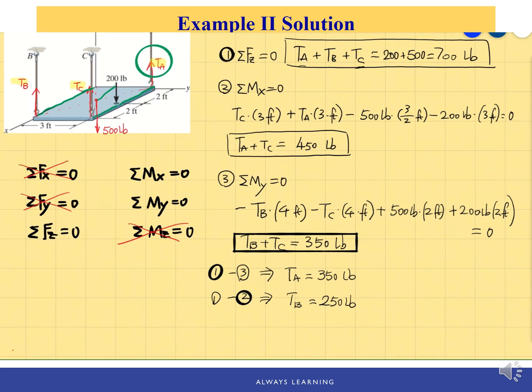And now for TC, we can substitute TB into equation number 3. From equation 3, we can solve TC, which is 100-pound force. And these are the answers for this problem.